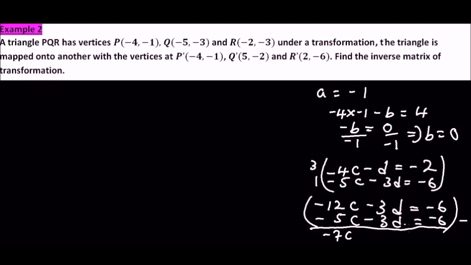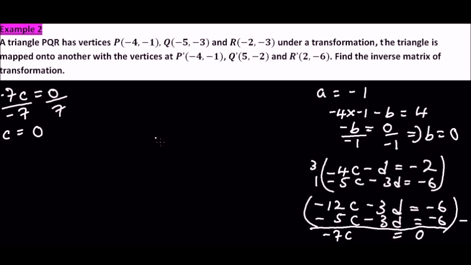So this is equal to minus 6 minus minus 6, that will be minus 6 plus 6, that is 0. So it means minus 7C is equal to 0. Divide both sides by minus 7, you find our C is equal to 0.